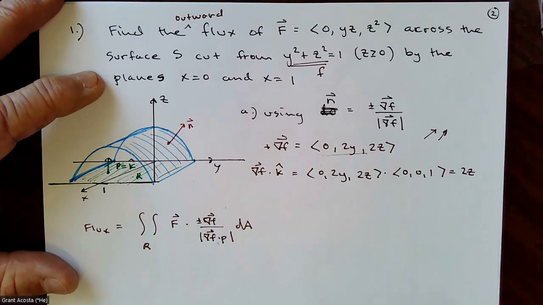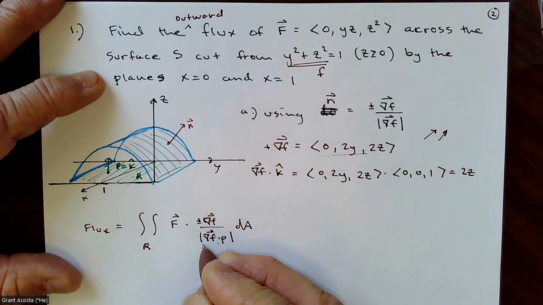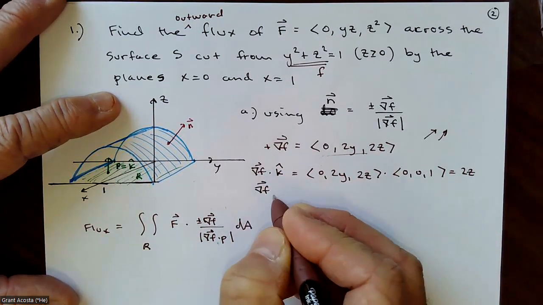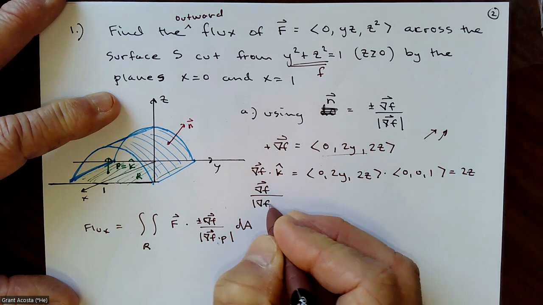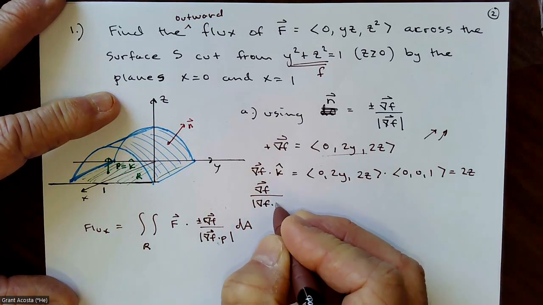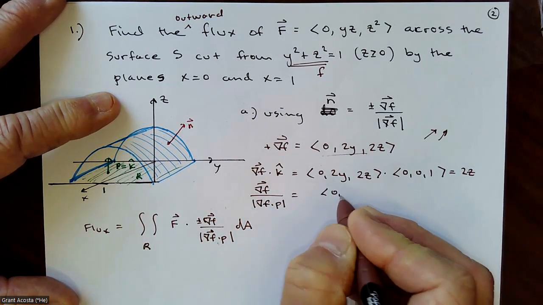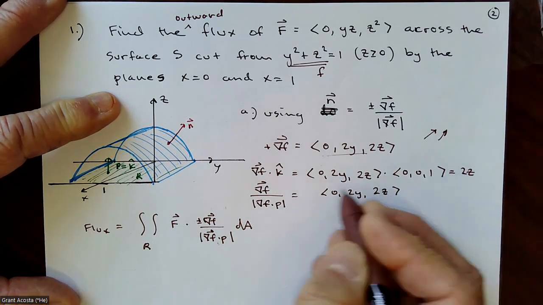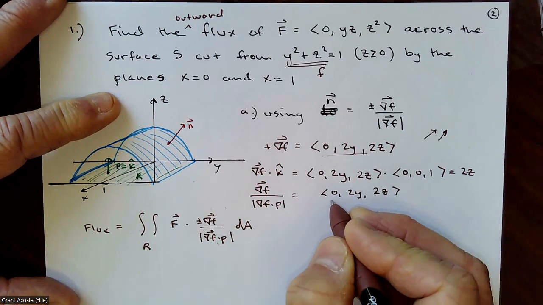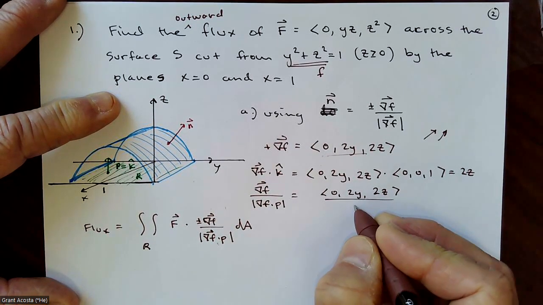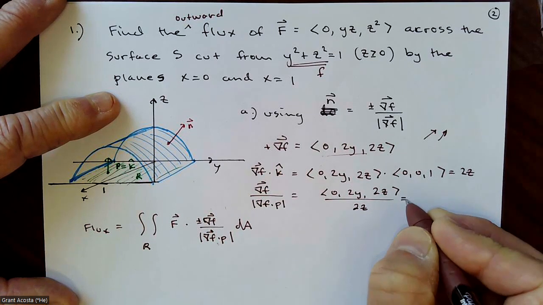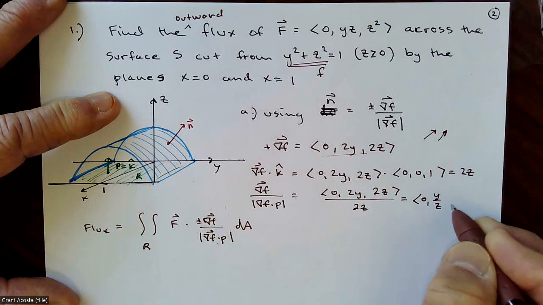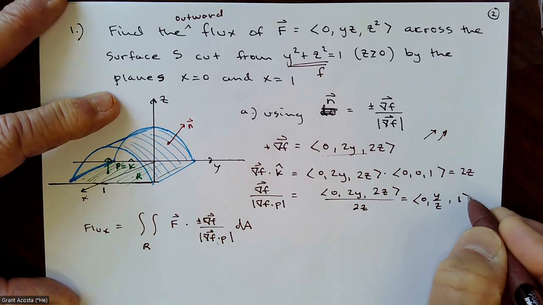And so if I have my gradient divided by the magnitude of the gradient dotted with p, let's just do that. It's going to be 0, 2y, 2z. Because my z is always positive, I don't really need to put absolute value or anything. It's going to be over 2z. So if I divide those, I get 0, y over z, and 2z over 2z is just 1.